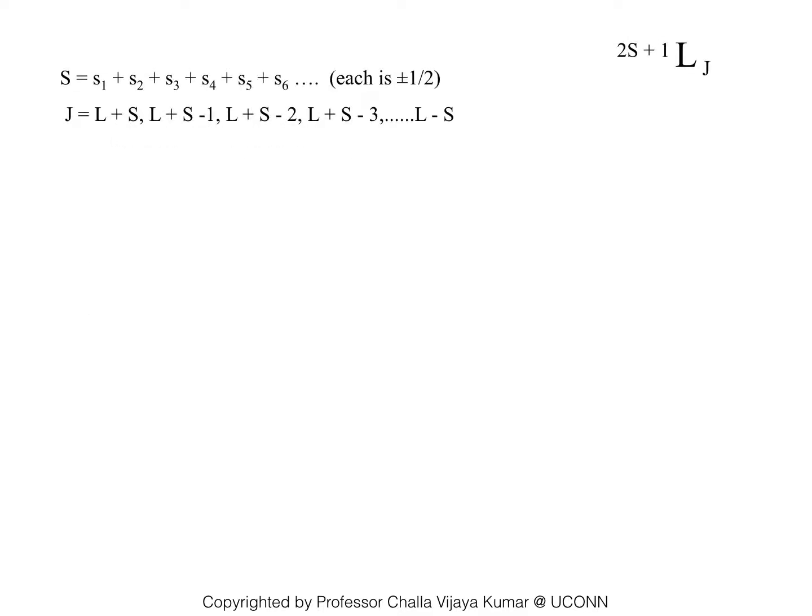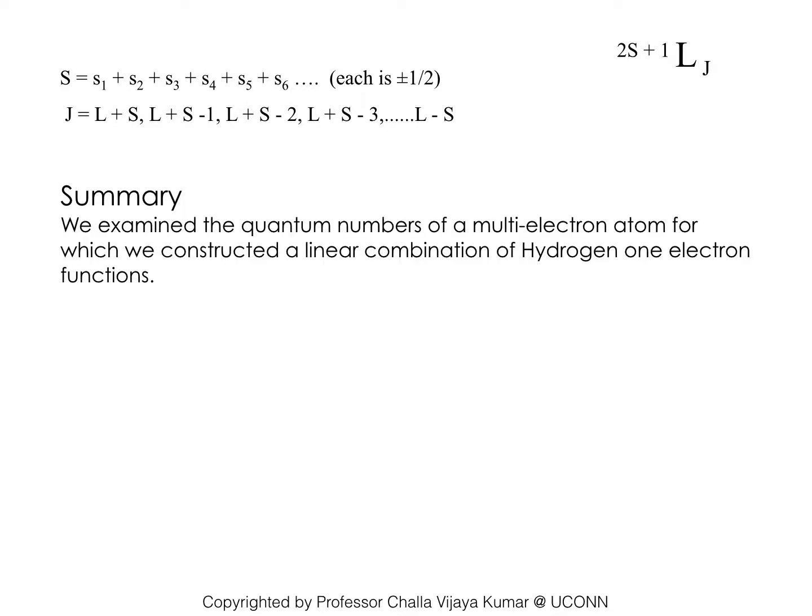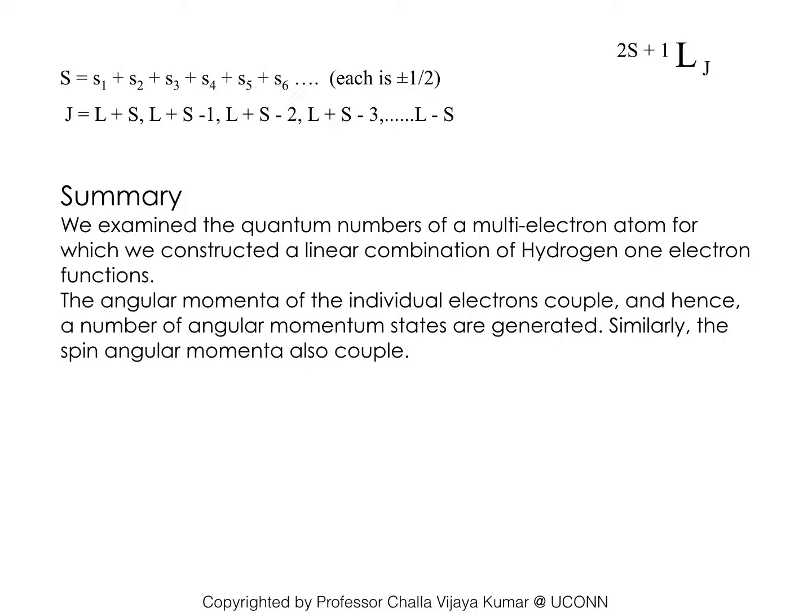In summary, we have rules to write S, rules to write J, rules to write L, and how each of these are put together. We looked at a couple of examples and constructed linear combinations of hydrogen atom one-electron wave functions, and from them obtained the L, S, and J quantum numbers, all capital, by coupling the angular momenta of each electron with the other electrons in a systematic way.